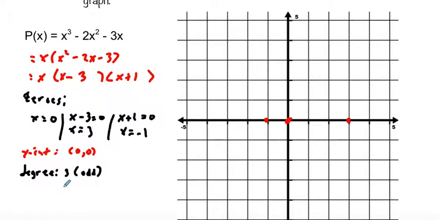And then the leading coefficient there is 1, which is positive. So knowing all that, let's describe the end behavior. Remember we talked about that up and up, down and down, down and up, or up and down. Since it's odd, that would be down and up.